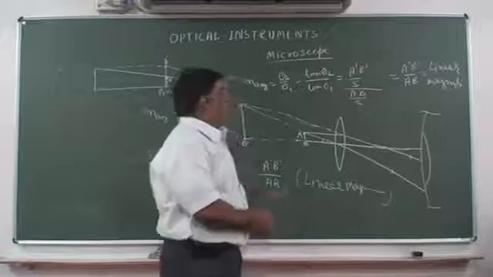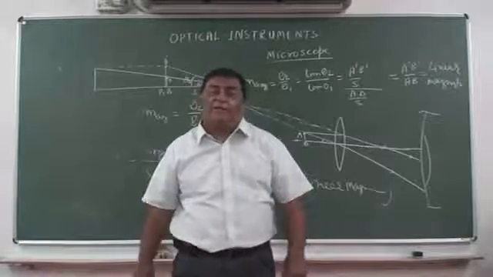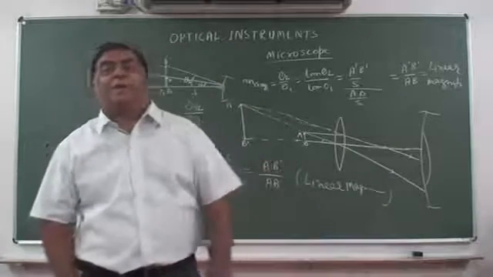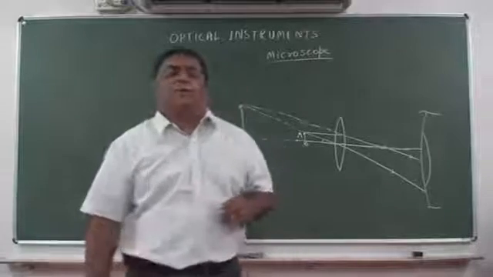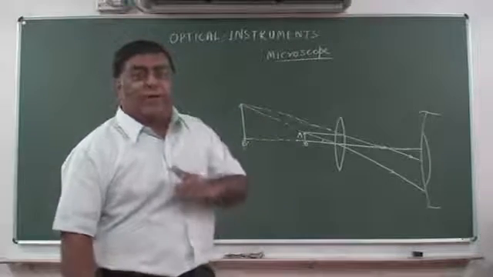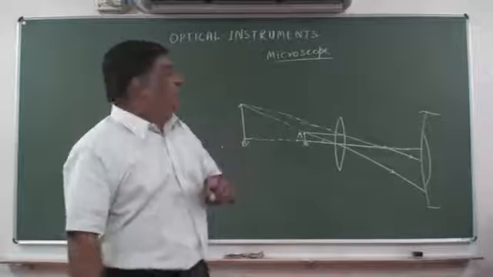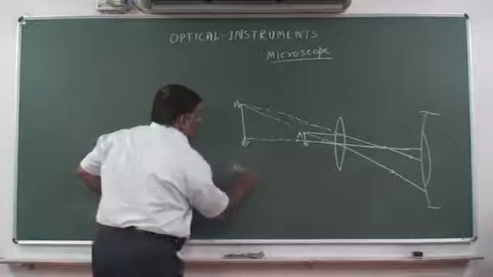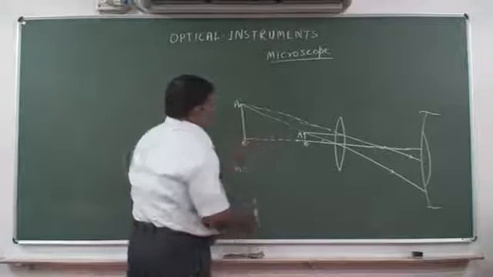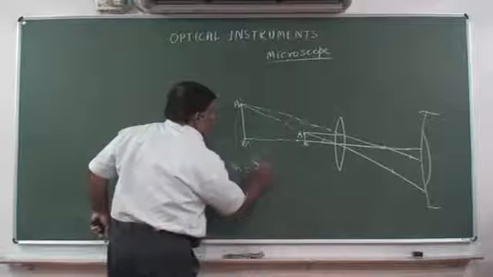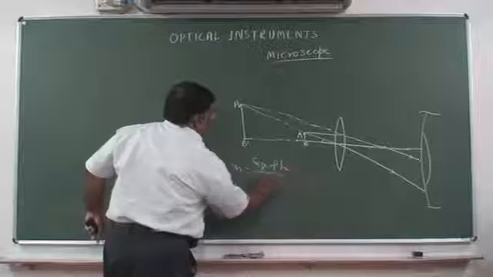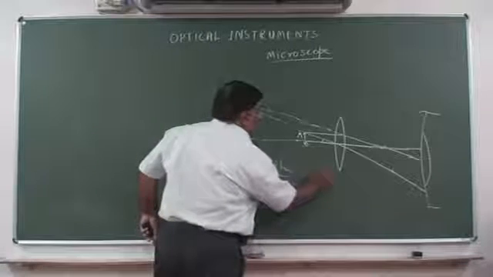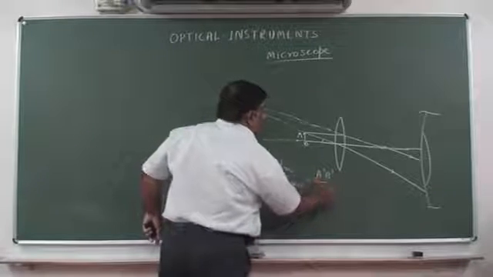And now we come to the calculation of magnification by a simple microscope. Another calculation of magnification, which is related to focal length, v and u, is here. We know that magnification is size of image divided by size of object, which is equal to A dash B dash upon AB.